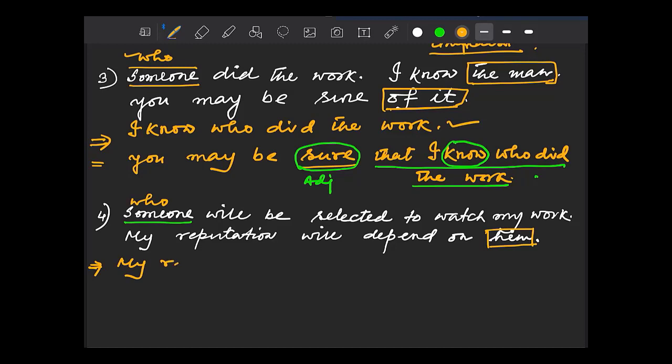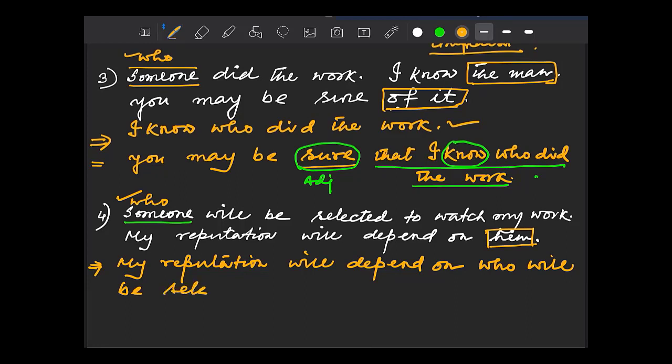My reputation will depend on who will be selected to watch my work.